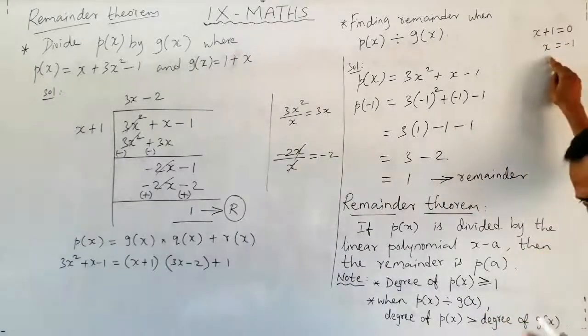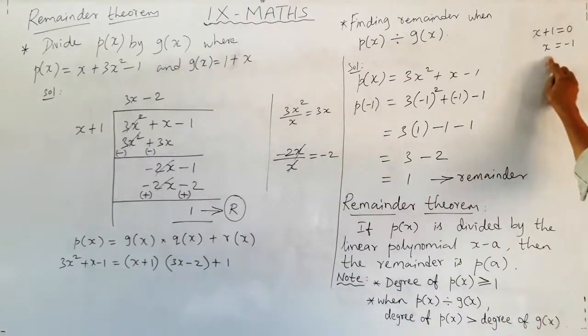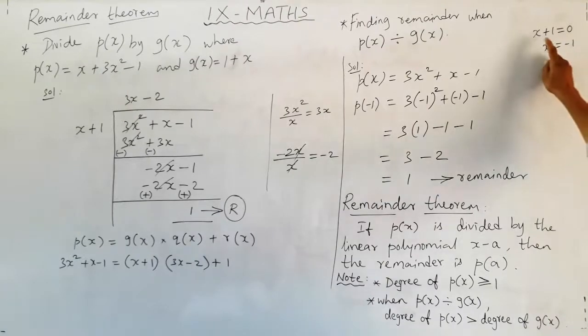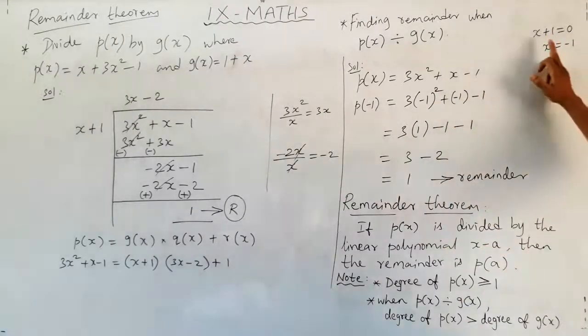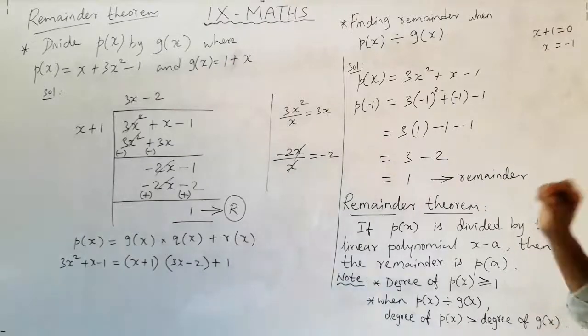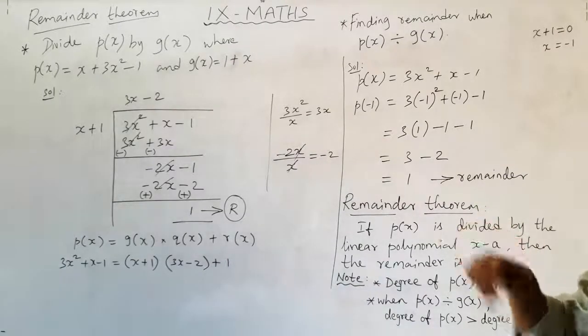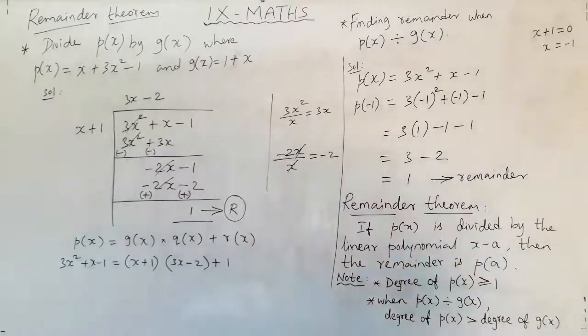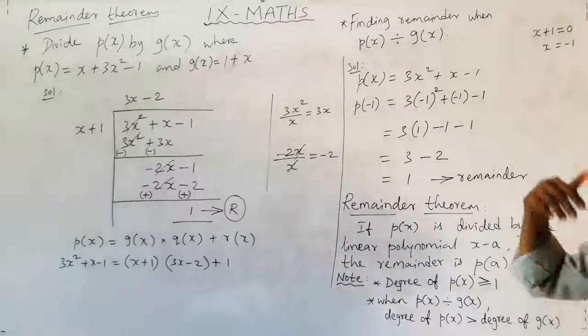Okay, so simply finding the 0 of x plus 1. So x plus 1 is the divisor, that is g of x. So you have to find the 0 of g of x. So how to find the 0? We put x plus 1 equal to 0, and then we get x equal to minus 1. So minus 1 is the 0 of x plus 1.